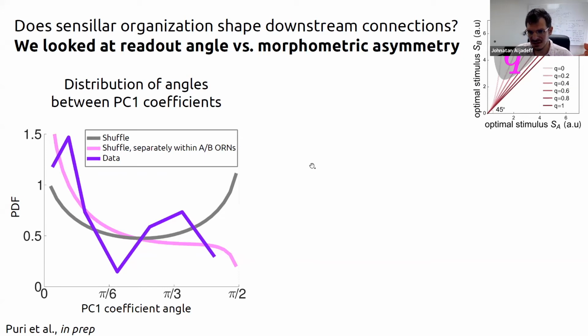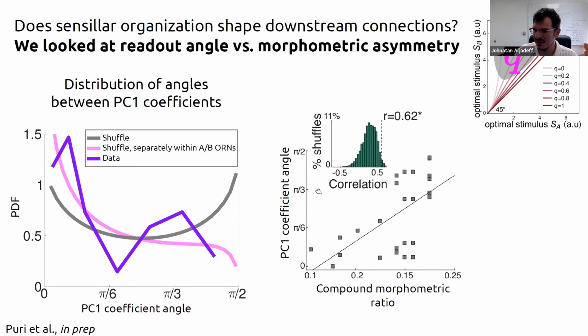We did another analysis that did reveal a coordination of what happens in the connectivity from the antennal lobe to the lateral horn and what happens in the periphery. So let me walk you through this analysis. We computed a compound morphometric ratio. So we have a bunch of size measurements of the ORNs in the periphery. We have there the volume and the surface area of the inner dendrite and the outer dendrite.